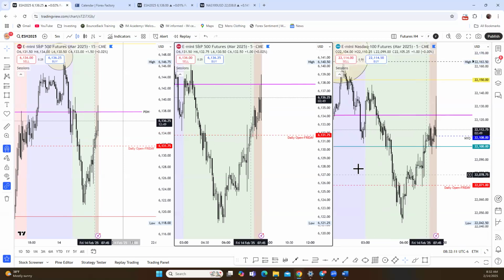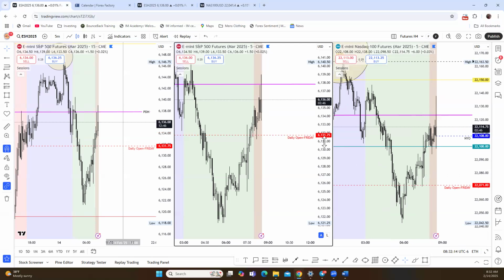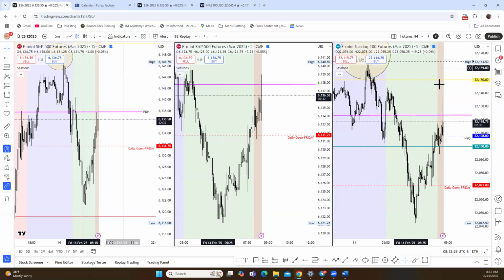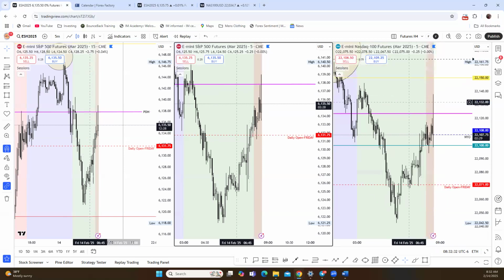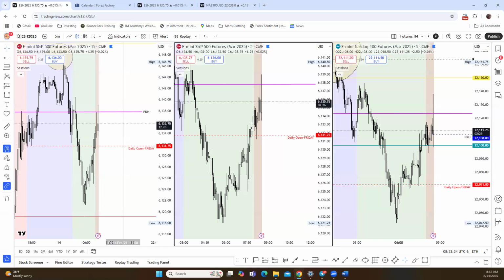Like I said, we did have QQQ and SPY pop up right out the gate. And the goal, like I said, is to get this up to that HOD. Anywhere above that 21,150 or 22,150 would be pretty good too. But you just have to wait this out and see if ES continues as well.